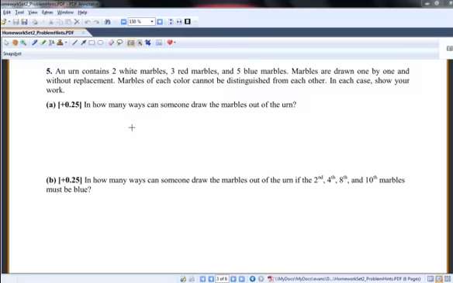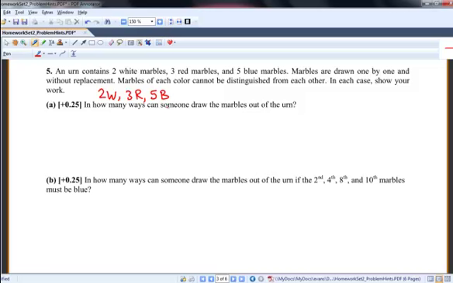So part A I think is fairly nice, and this would be a typical test type of problem. You have 2 white marbles, 3 red, and 5 blue, and you're going to pull these out of an urn, and you want all the different kinds of arrangements of the marbles. The whites are indistinguishable from each other, and so are the reds and the blues.